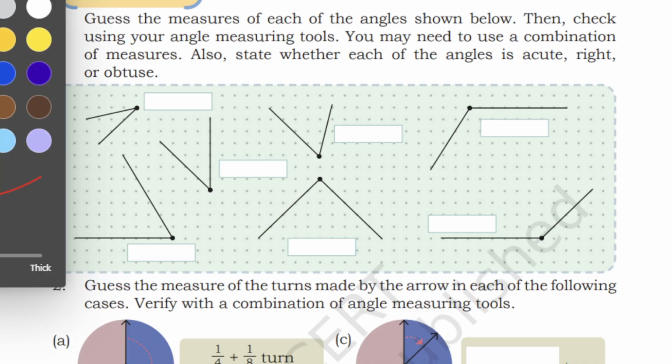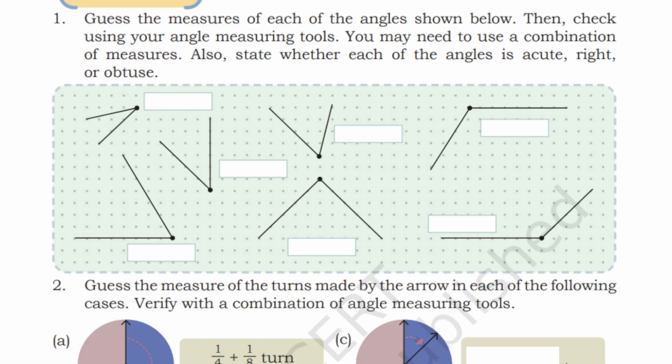So for acute I'm going to write A, for obtuse I'll write O, and straight and right I will write R and S. Okay, so first we have acute angle, I'm going to write A. So here again acute angle A, this one acute angle, and this one we have a straight line, so it is a right angle, and this one is less than a right angle, acute angle, more than a right angle, so obtuse angle. Again we have more than a right angle, we have obtuse angle.